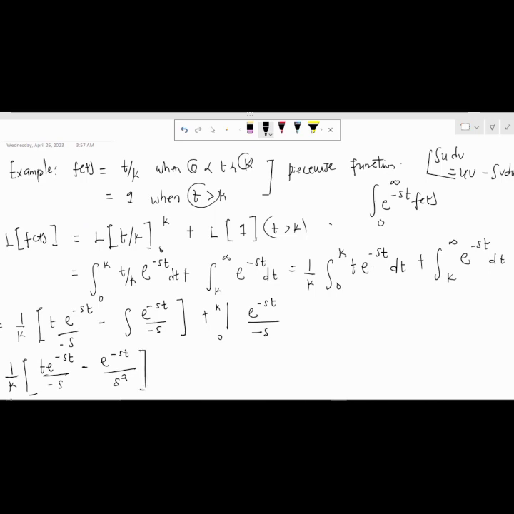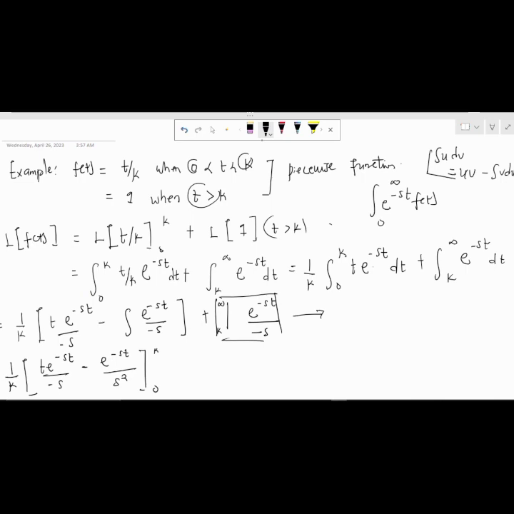Then our boundary value here is 0 to k, right? And here should be k to infinity, not 0 to k. So let me just walk through this right here. If we plug in the boundaries here, what do we get? We have e raised to the power minus infinity, which will give us 0 already, over minus s, which is 0.